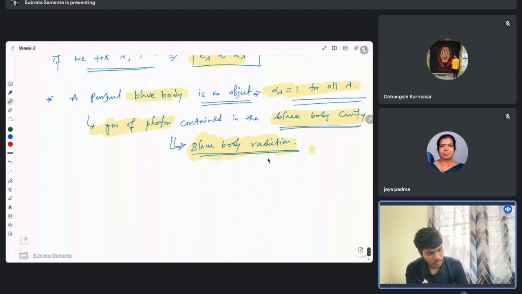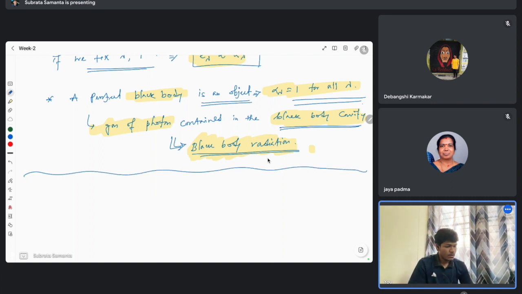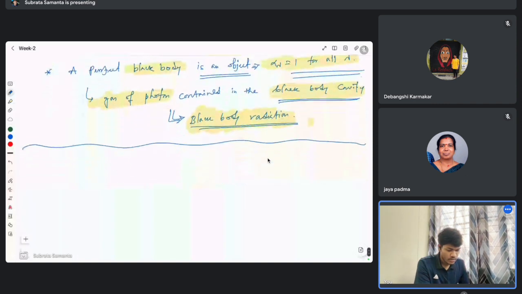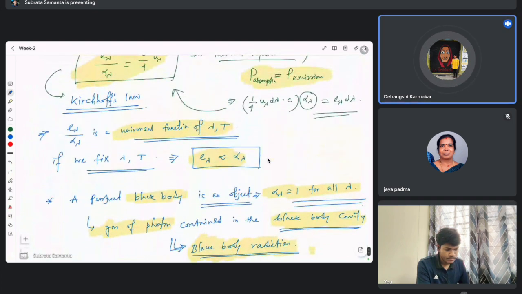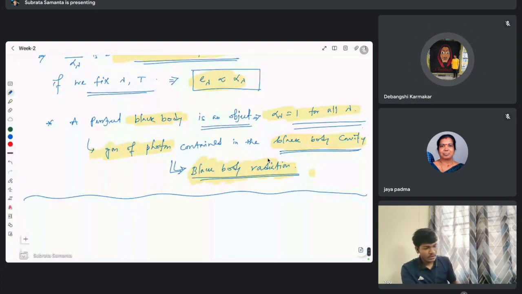So now we do some problems on this black body radiation.